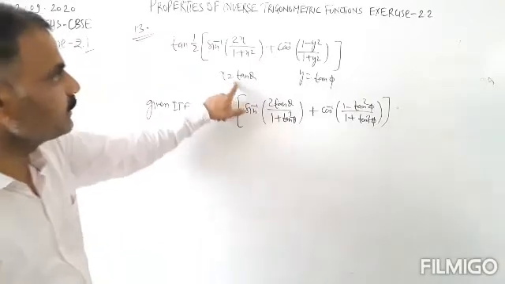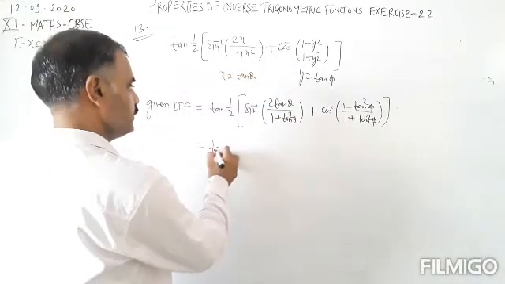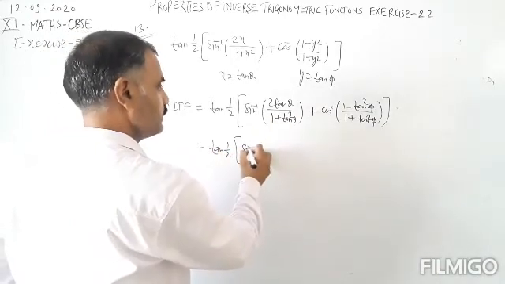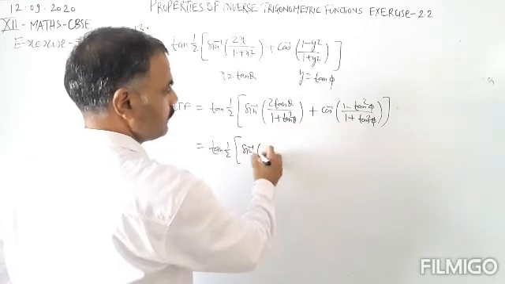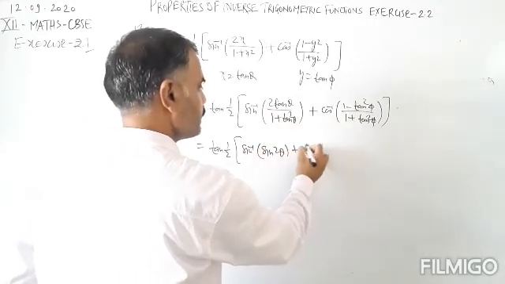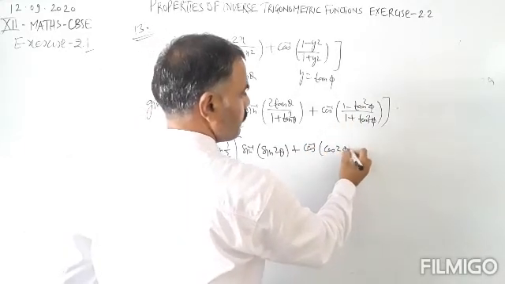Putting x equals tan theta and y equals tan phi, this is equal to tan of 1 by 2 into sin inverse, this is sin 2 theta, plus cos inverse, this is cos 2 phi.